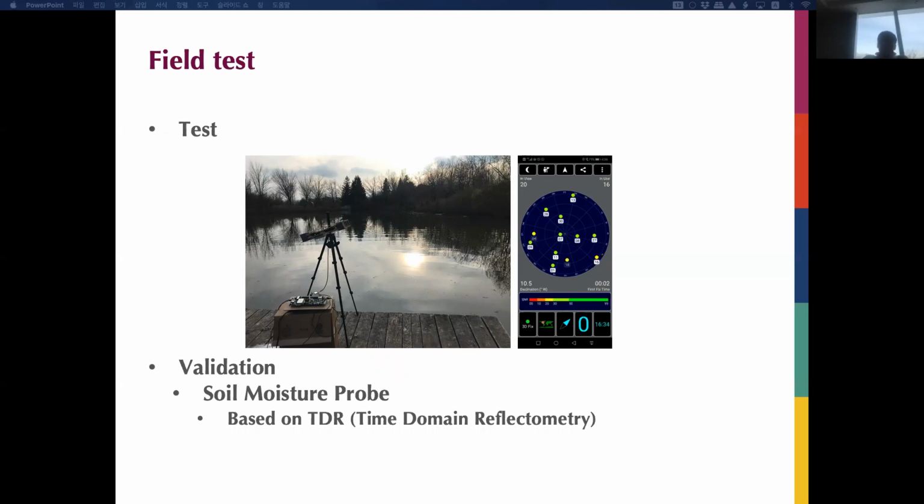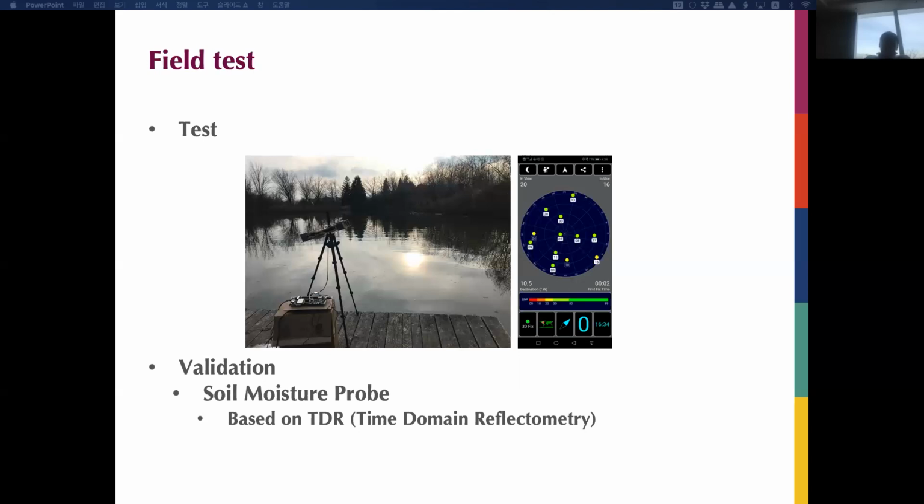After this test, we will validate our dielectric constant using a soil moisture probe.